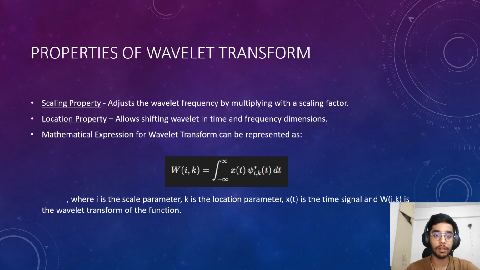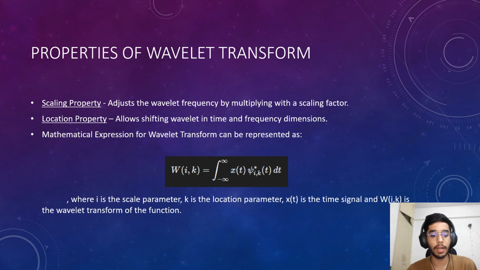Now we can come to the mathematical expression for wavelet transform. It can be represented as follows. The W(i,k) is the wavelet transform which we get. The expression is similar to the Fourier transform expression, but we can see that the wavelet transform is represented in two independent variables.